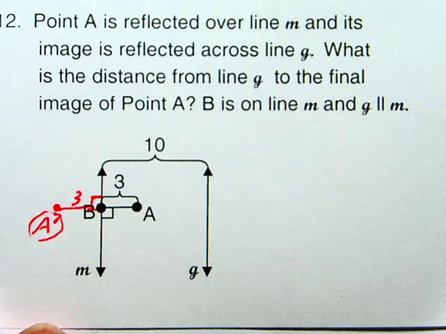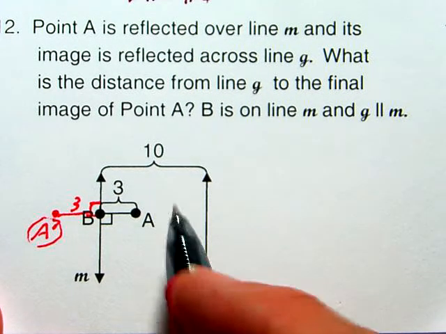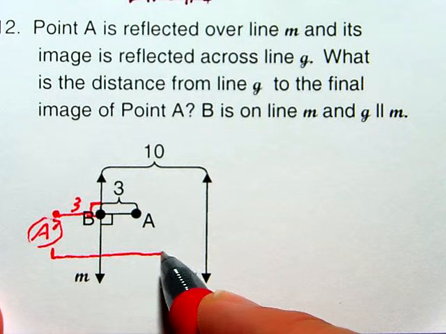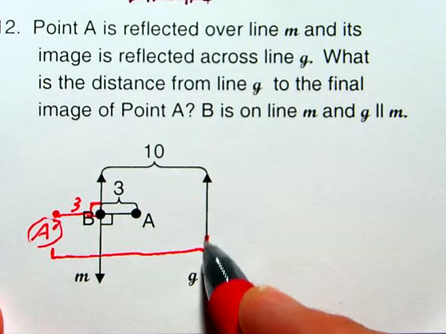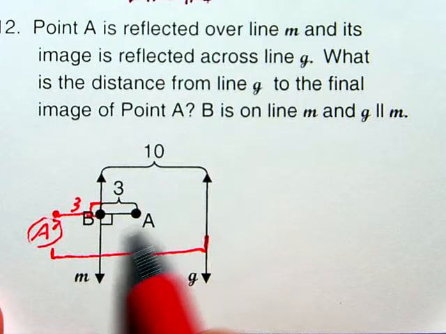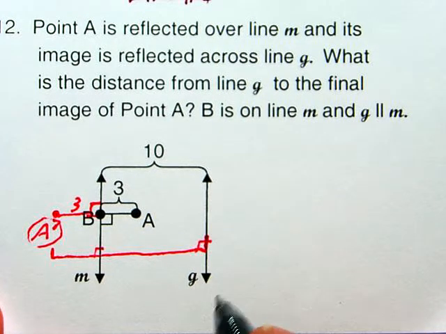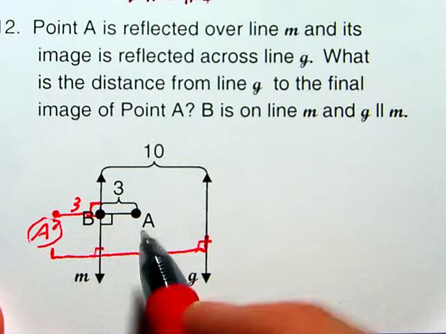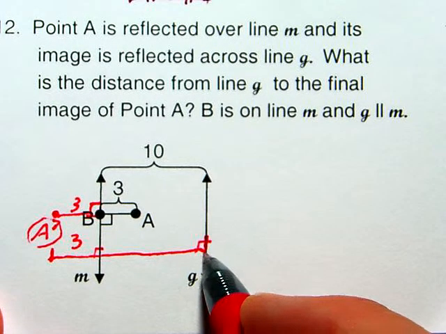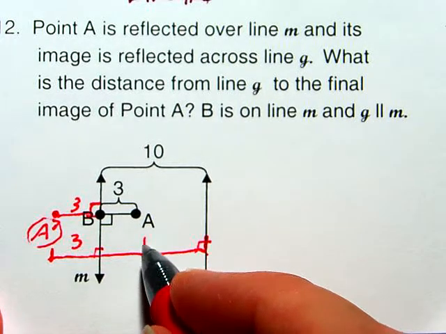Well, what'll help a little bit is to notice this. The distance between point A prime and line G is this distance from here to here. This is supposed to be a perpendicular line to both of them. This part of the line is 3 units long, and this part of the line segment is 10 units long.